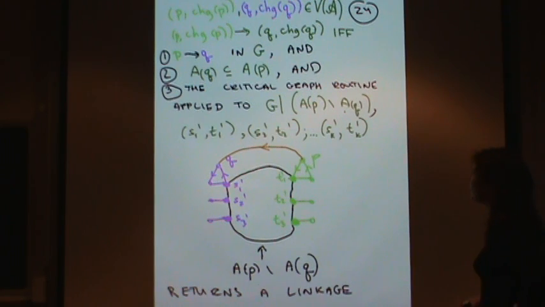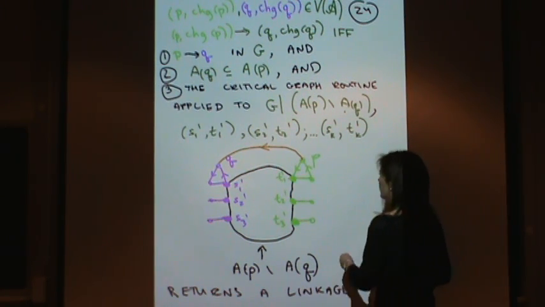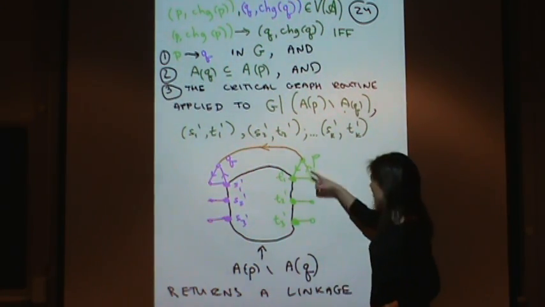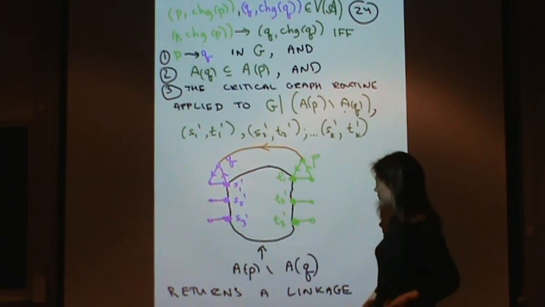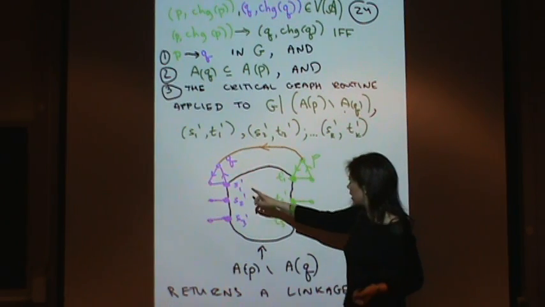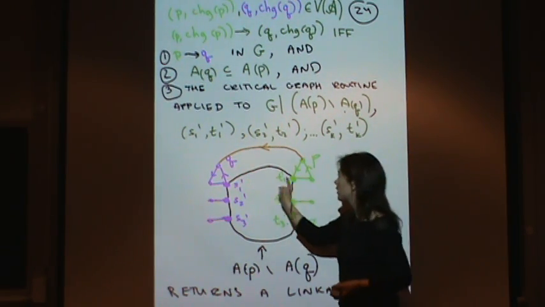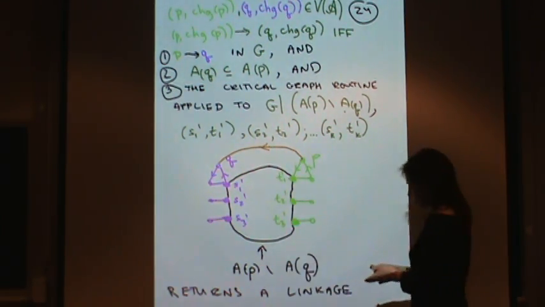So we constructed our auxiliary graph in this way. Again, I make this adjacent to that if, when I look at this area, AP delete AQ, and I apply the critical graph subroutine, I get my linkage.